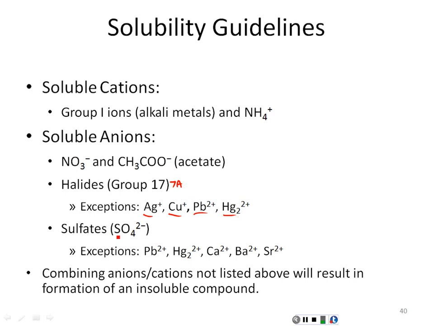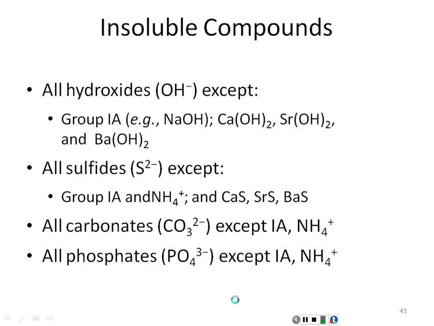Same goes for the sulfate, SO4 2- ion. It's going to be soluble except with lead, mercury, calcium, barium, and strontium. And calcium, barium, and strontium are all group 2 metals. So combining anions and cations not listed above will result in the formation of an insoluble compound. So what are some insoluble compounds?